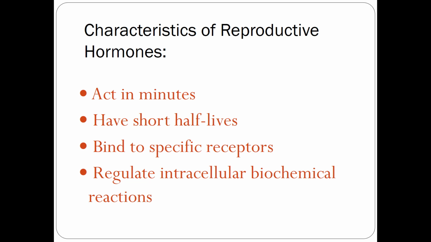They have short half-lives. They bind to very specific receptors on their target tissue cells. And they regulate intracellular biochemical reactions. These are four important components that you should memorize because they are essential when we try to manipulate the endocrinology of a livestock animal.